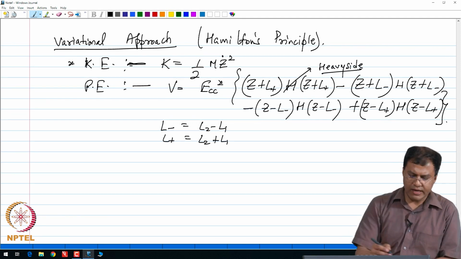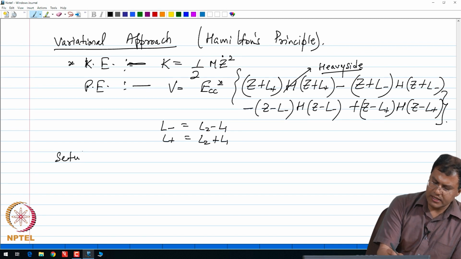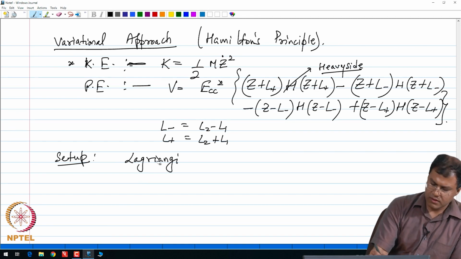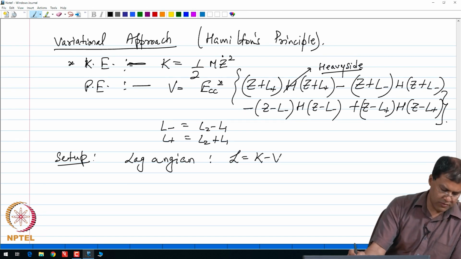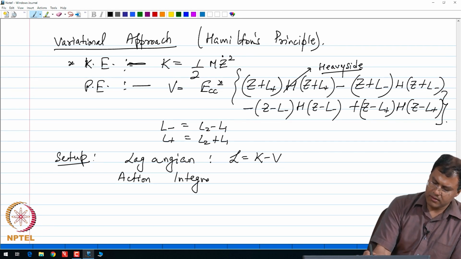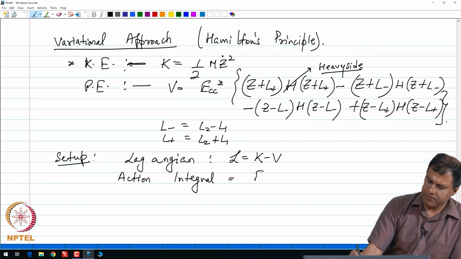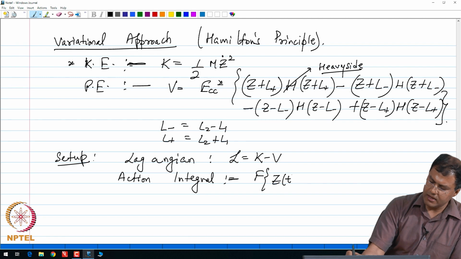Then we set up the Lagrangian of the system. So, L is equal to K minus V, and then we set up the action integral, which is a functional of z of t.